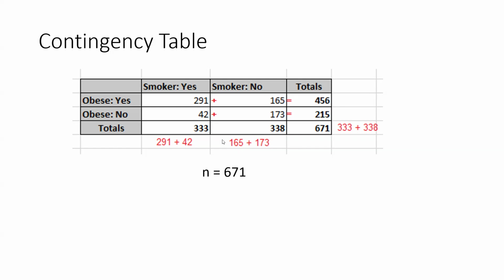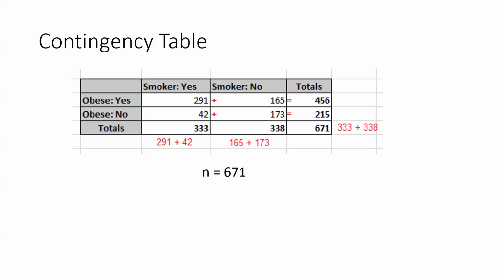And if we sum either the column totals together, 333 plus 338, or the row totals together, which is 456 and 215, we come to the value of 671, meaning there were 671 unique individuals contained within our sample series.